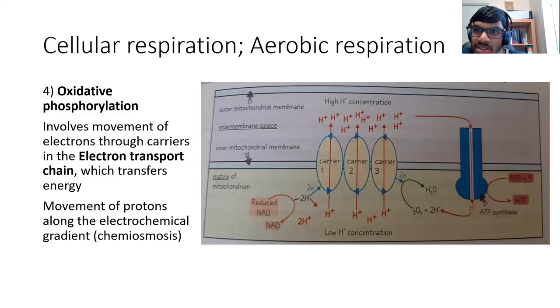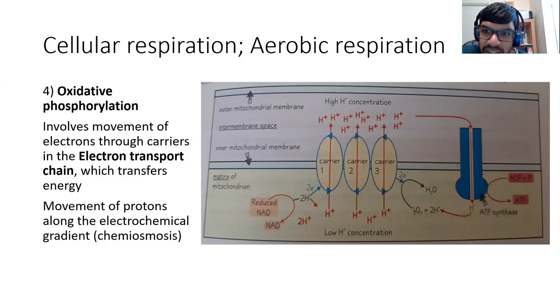And actually, I should mention this before going on to more detail. Now, because the H+ ions move from low to high concentration, that forms an electrochemical gradient, as I mentioned before. And normally, nature doesn't favor gradients, so the protons have to move back into the matrix of the mitochondria to re-establish the balance, to get rid of the gradient.